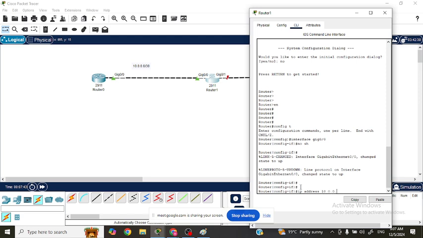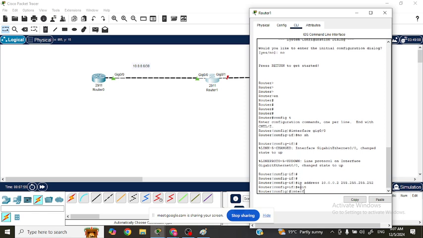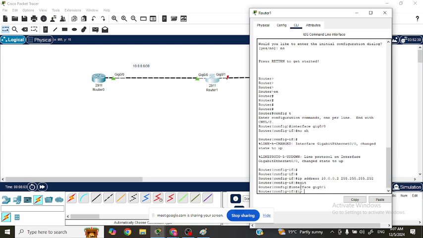Venkat, tell me. You are not focusing here. Interface gig, Lakshman, what will be the IP address for gig 0/1? 10.0.0.1? Or 0/1, I am asking. 0/1, like 11.